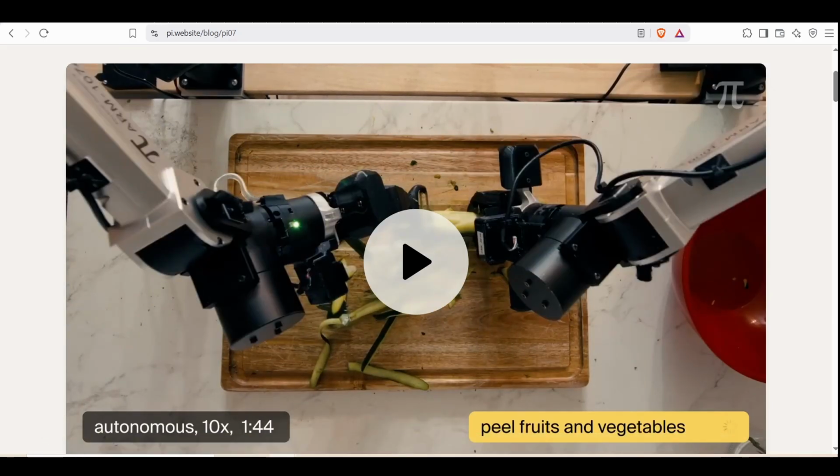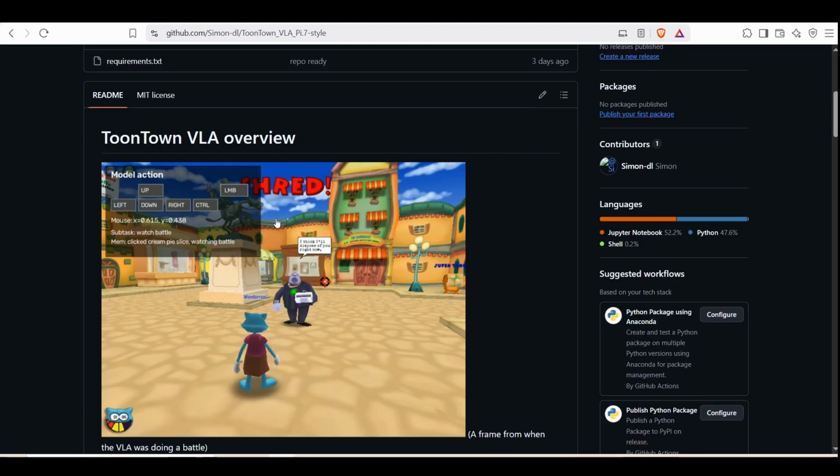The reason I created this Toontown vision language action model is because I wanted to understand what these robot models were doing, but in a much simpler environment for video games that would hopefully need less data and less intense model sizes and other things like that.